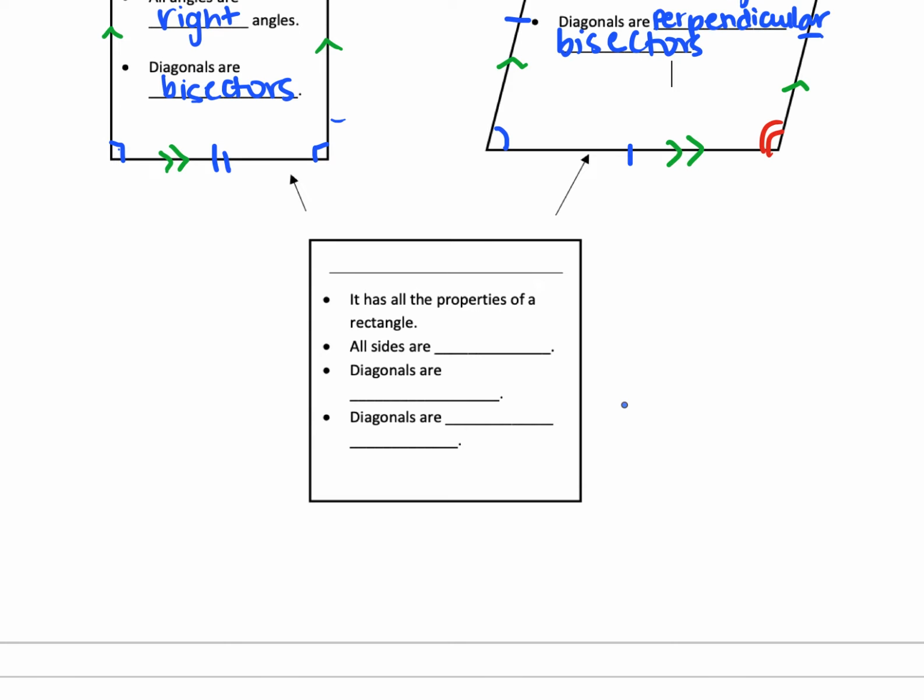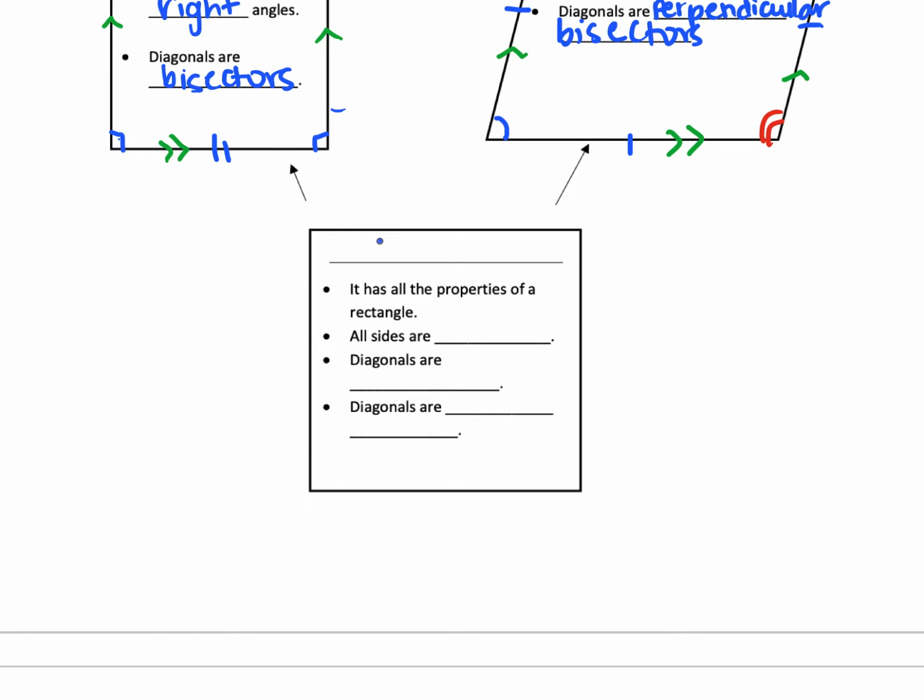Finally, we have a square, and a square will have all the properties of a rectangle. All the sides are congruent. The diagonals are congruent. And the diagonals are also perpendicular bisectors.